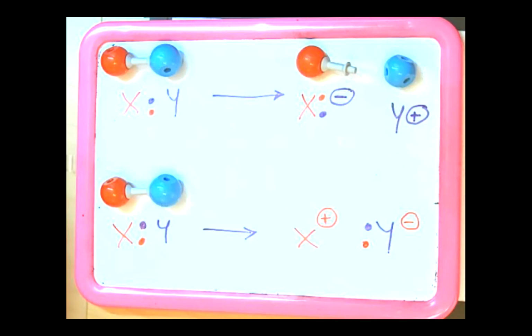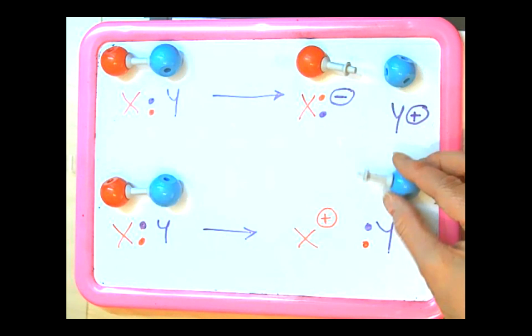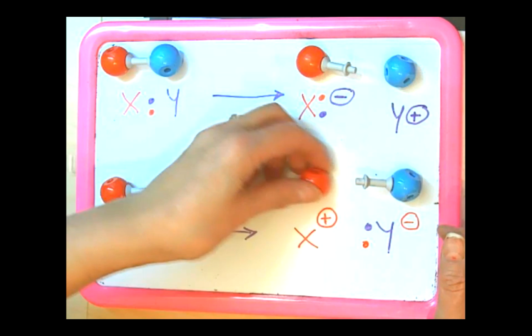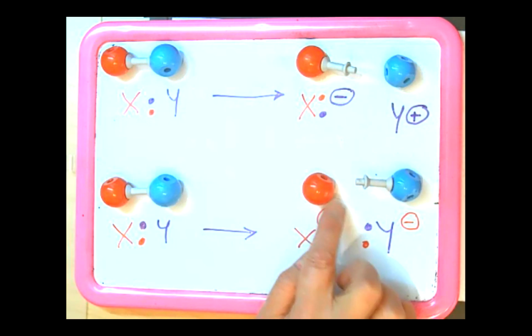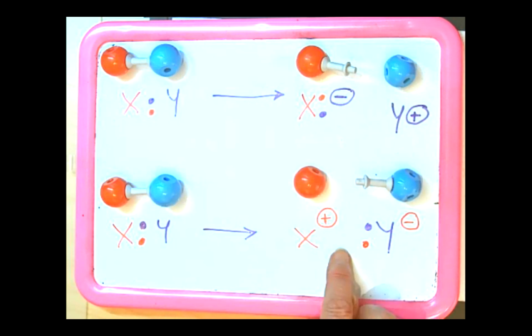atoms. Okay, so let's have a look at a different way of breaking the bond. If we break the bond so that Y has the electrons and X doesn't, we can see that the electrons have gone over to Y, so the shared electron from X has gone to Y, so it's gained an electron, so it's gained a negative charge. I've shown that formally as a negative charge in a circle.